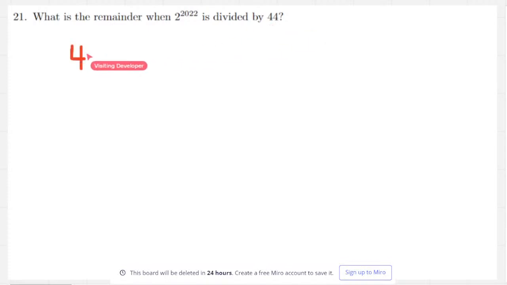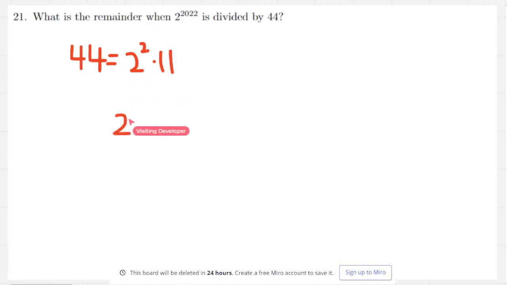So first we can factorize 44 as 2 squared times 11. And so by the Chinese remainder theorem, all we have to do is find the remainder when 2 to the 2022 is divided by 2 squared and 11 separately, and then we can use these two to find the remainder when 2 to the 2022 is divided by 44.